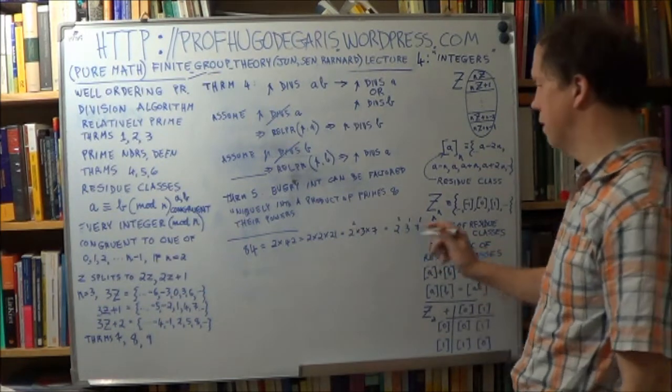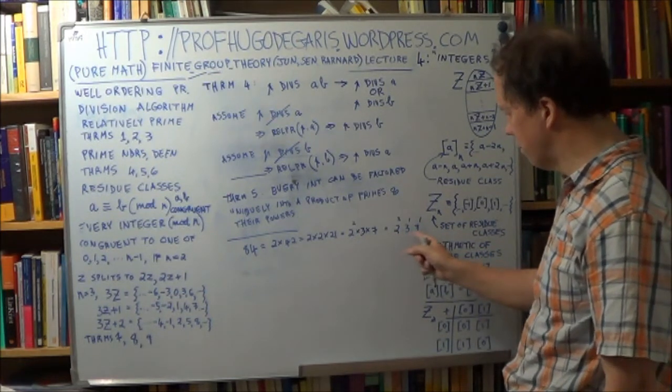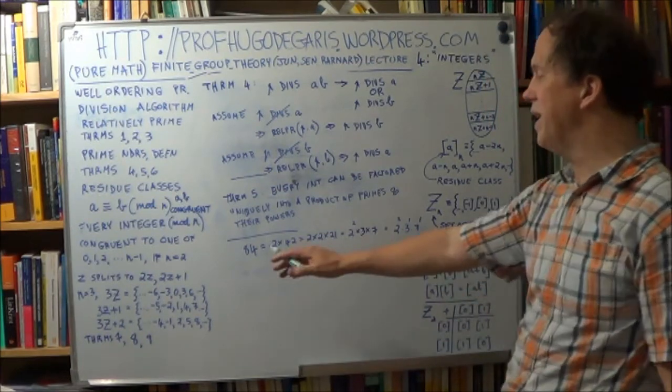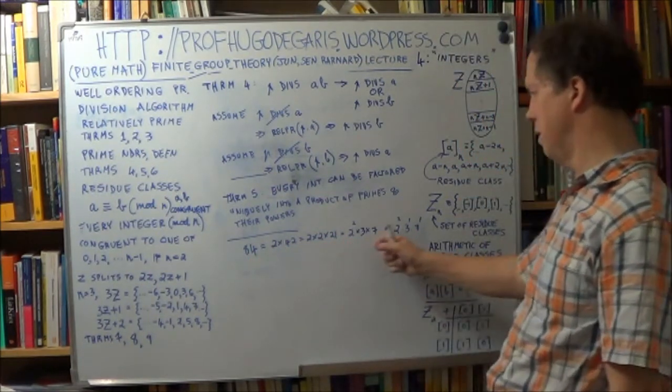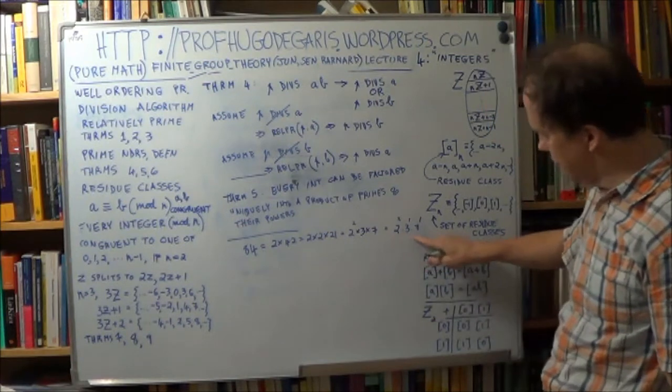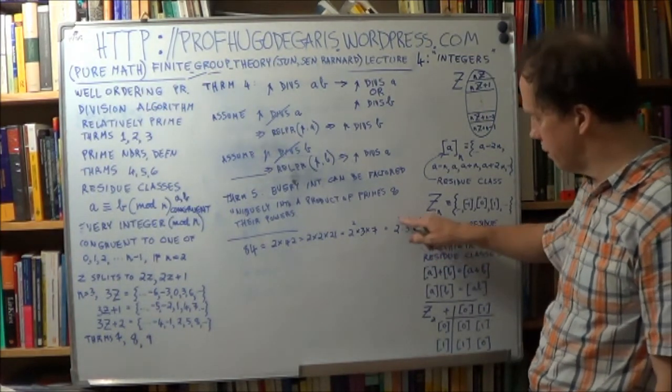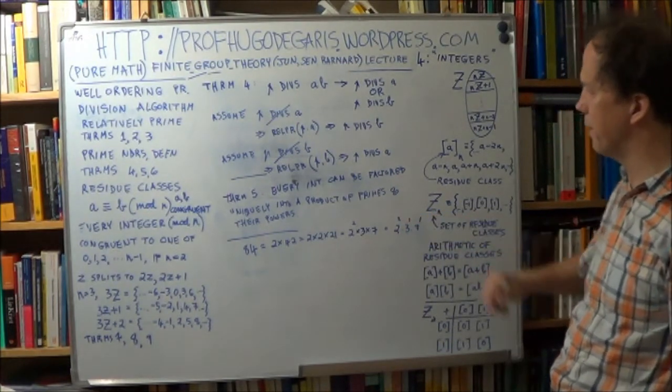And it's unique, assuming you order the primes in increasing order. If you do that, then any integer can be factored down into this form of a product of prime numbers with the appropriate powers.